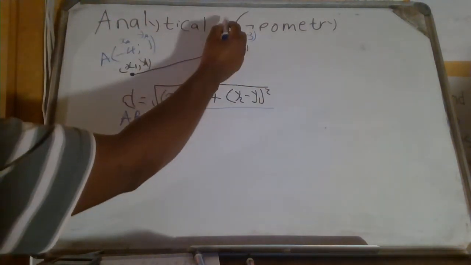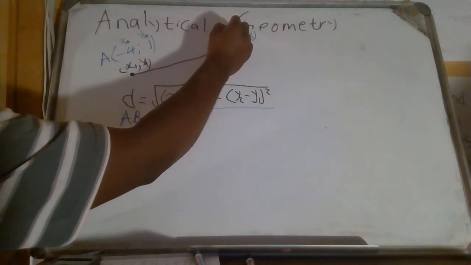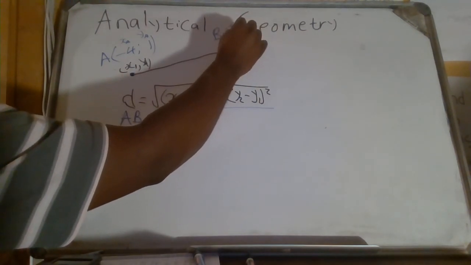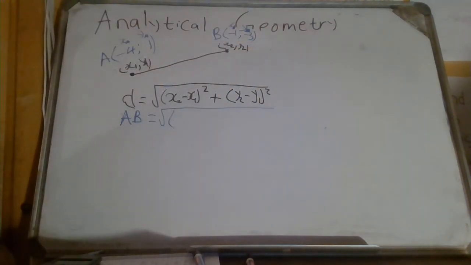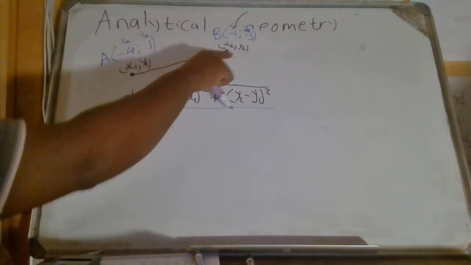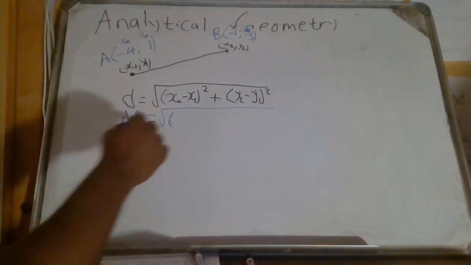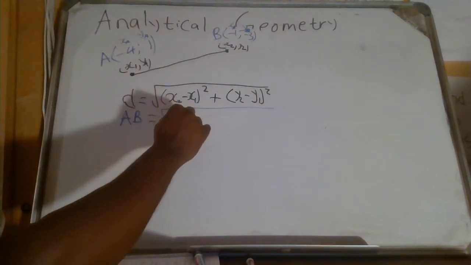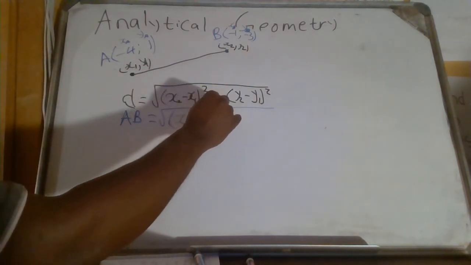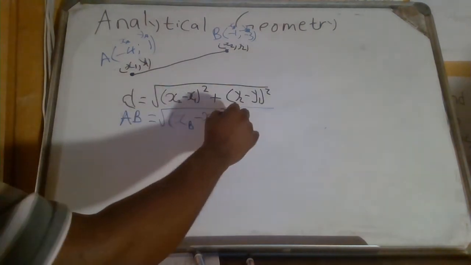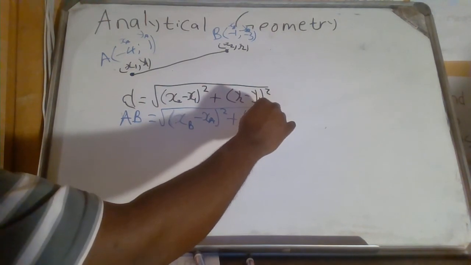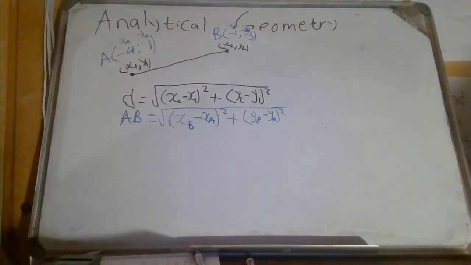And then here you've got x of point B, and then you've got y of point B. So x2 is xb in this case. So you're going to say xb minus xa, and then all squared, and then plus yb minus ya, and then all squared.